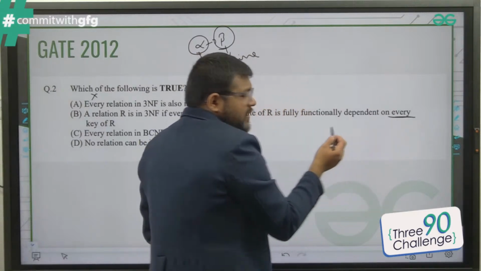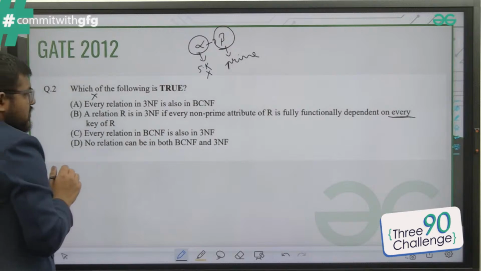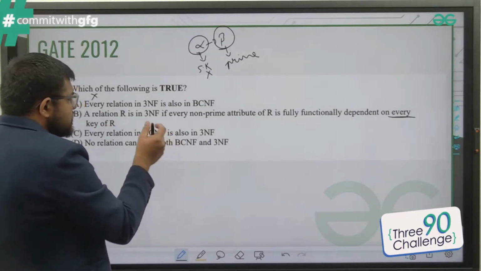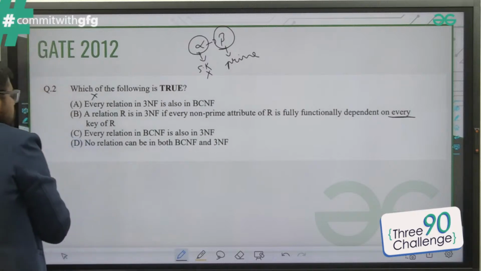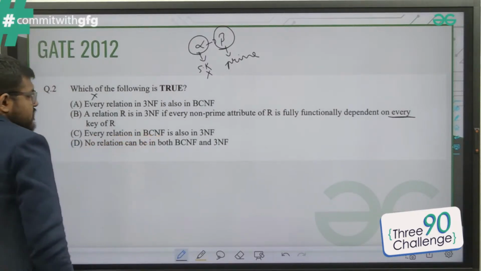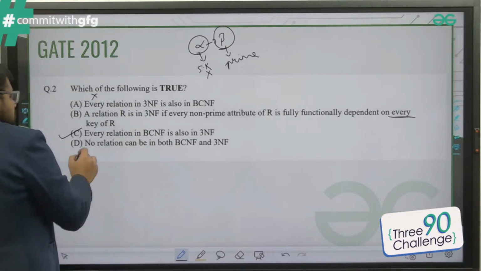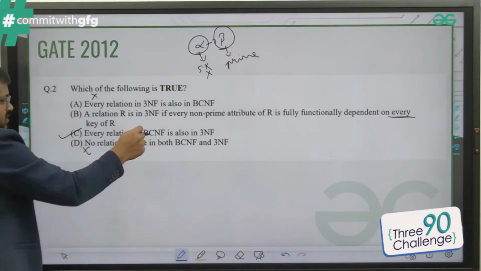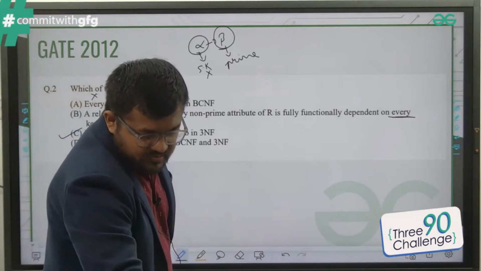It is not dependent on every key. It must be dependent on at least one key. Like if there are three keys, it is not necessary that every non-prime attribute will be dependent on all three keys. Every relation in BCNF is also in 3NF, very obvious. No relation can be in both BCNF and 3NF. Rubbish, because if a relation is in BCNF, it is also in 3NF. Yeah, C is correct.